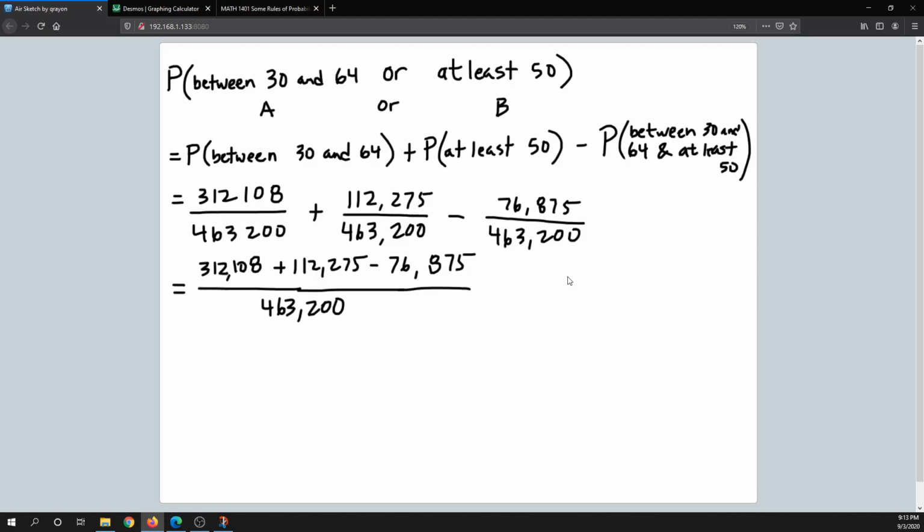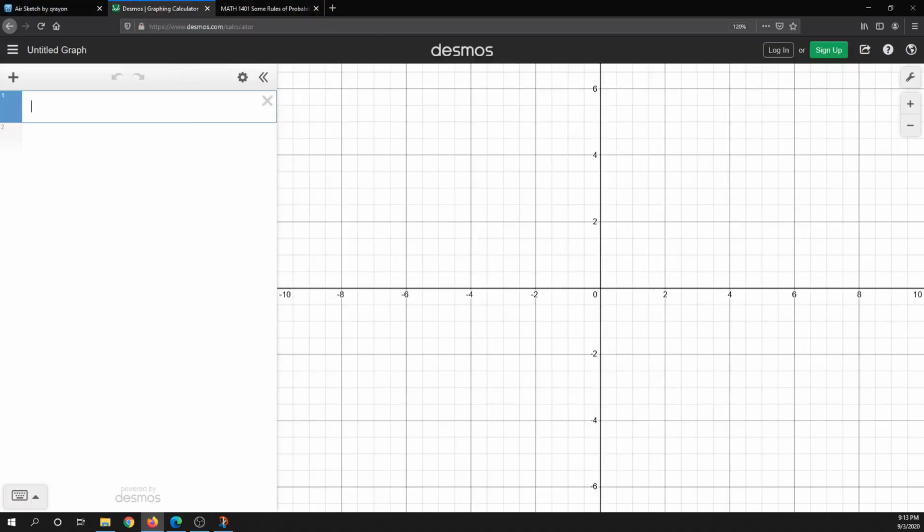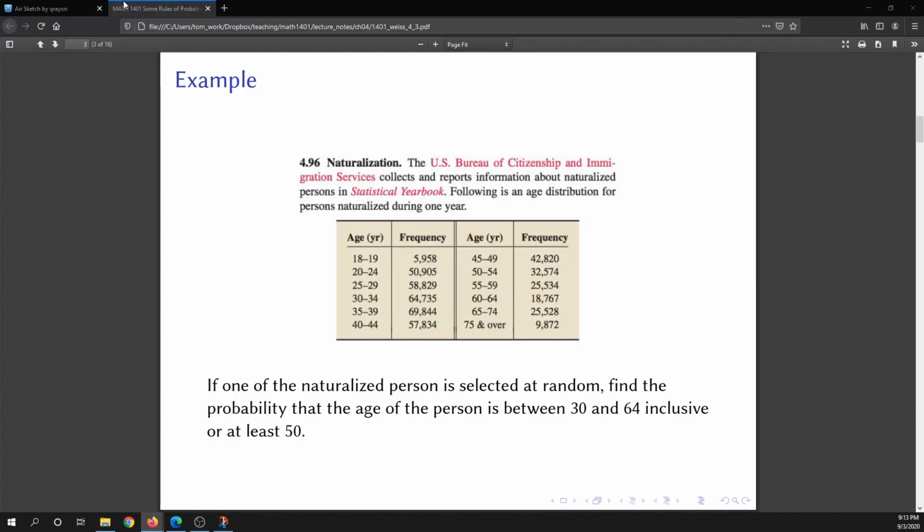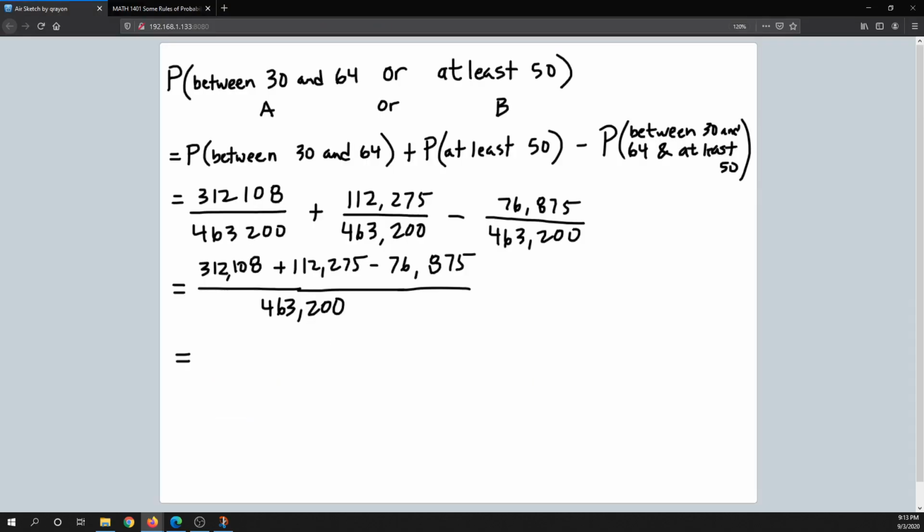And then we will need to, all right, so let me see if I can do this without breaking everything again. All right, so here I've got 312,108 plus 112,275, just adding the numerators up, and then subtract 76,875, and I get 347,508 on the top.